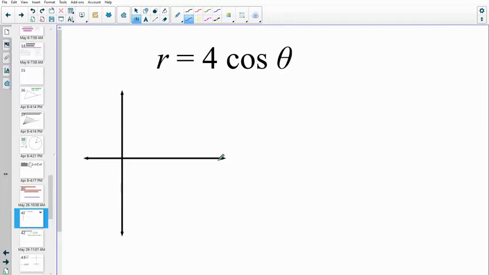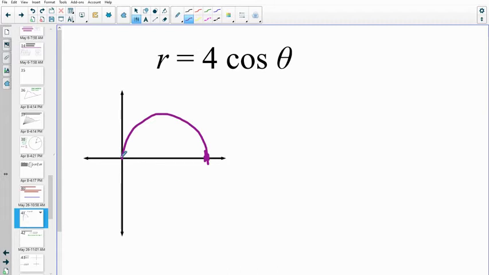So if theta equals 0, when we start at 0, we've got 1, 2, 3, 4 units away. So I'm going to say that this is what 4 units looks like. It starts here at an angle of 0. By the time we've rotated around by pi over 2, our r is going to go to 0. Cosine of pi over 2 is 0. So by the time the radar is pointed straight up, we've gotten to this value of 0.